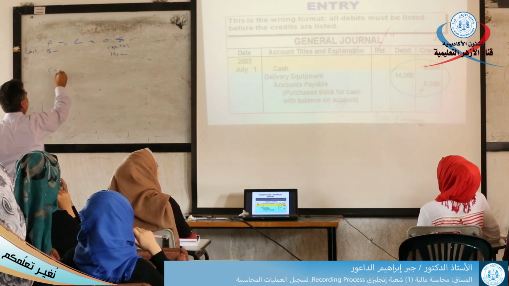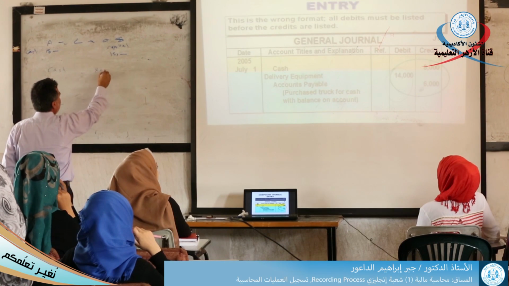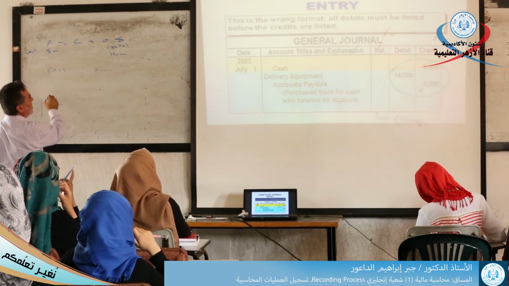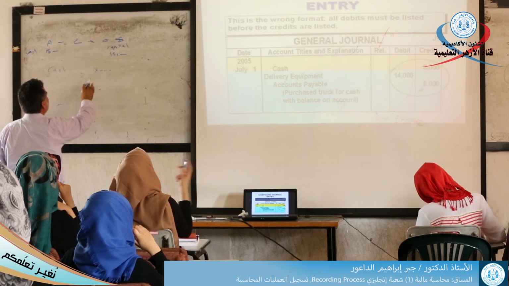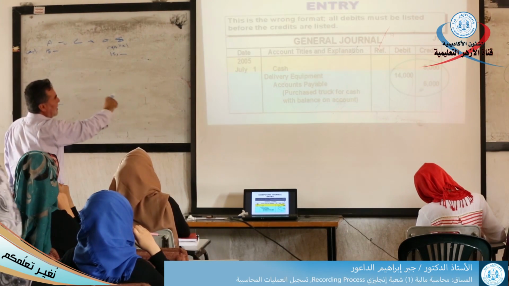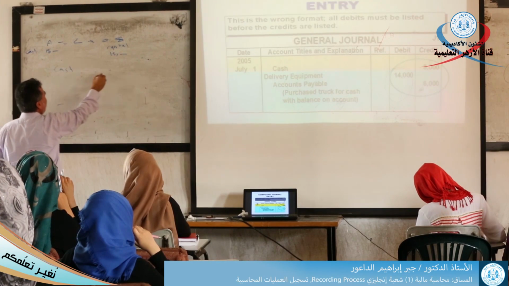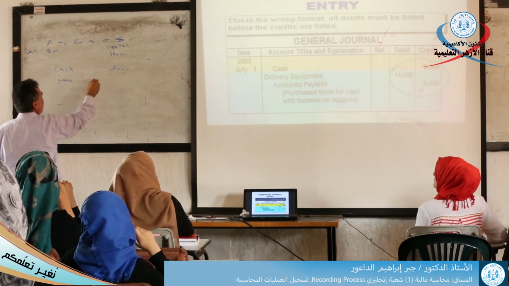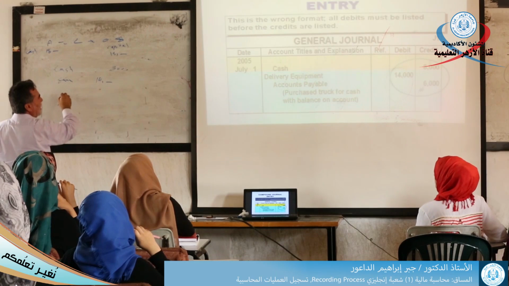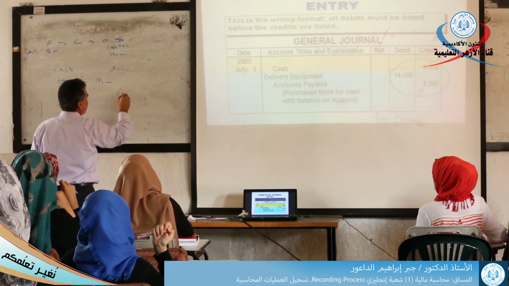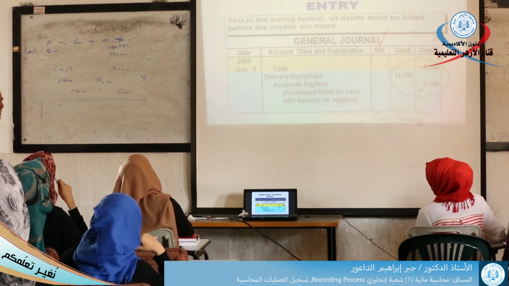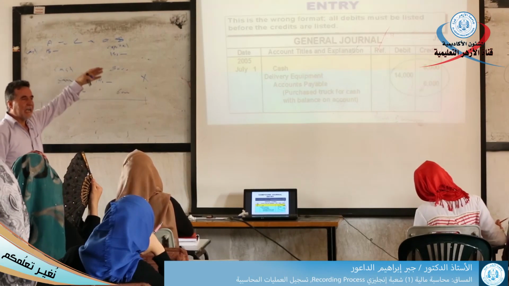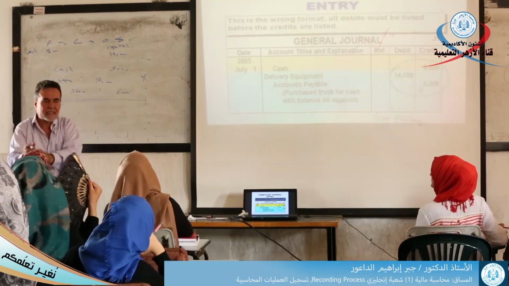Cash, 8,000. Delivery equipment, cash. Okay, cash, 8,000. Equipment, 14,000. Accounts payable, 6,000. Wrong. Why? Because the debit amount should be on one side and the credit amount on the other side.